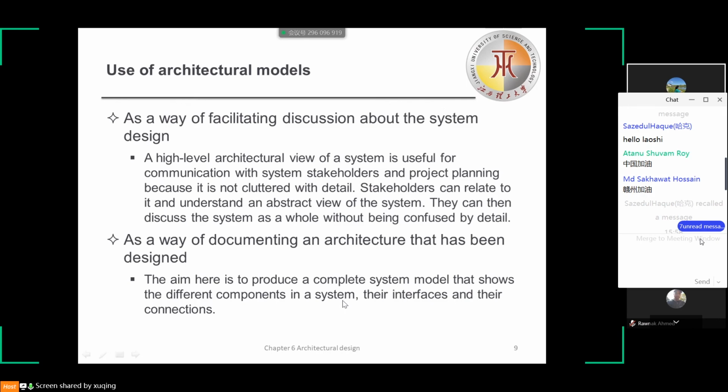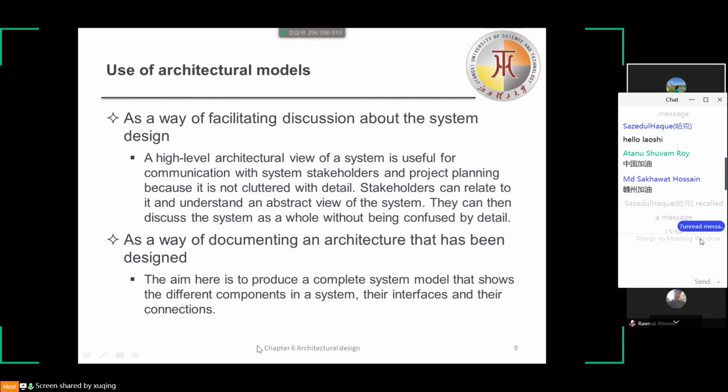That's why we say, to produce a complete system model. When we have the architectural models, we can document this architecture, and then it will be easier to understand and evolve the system.